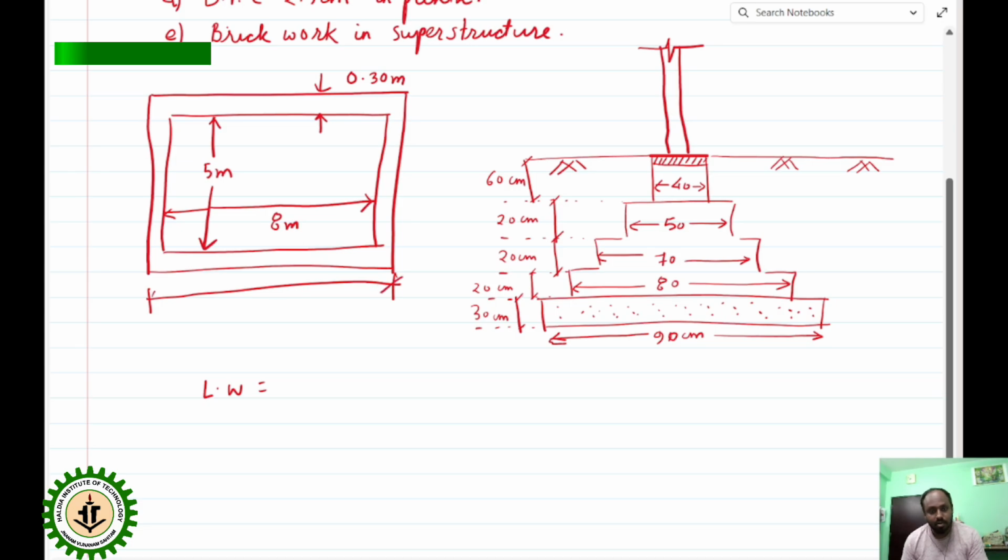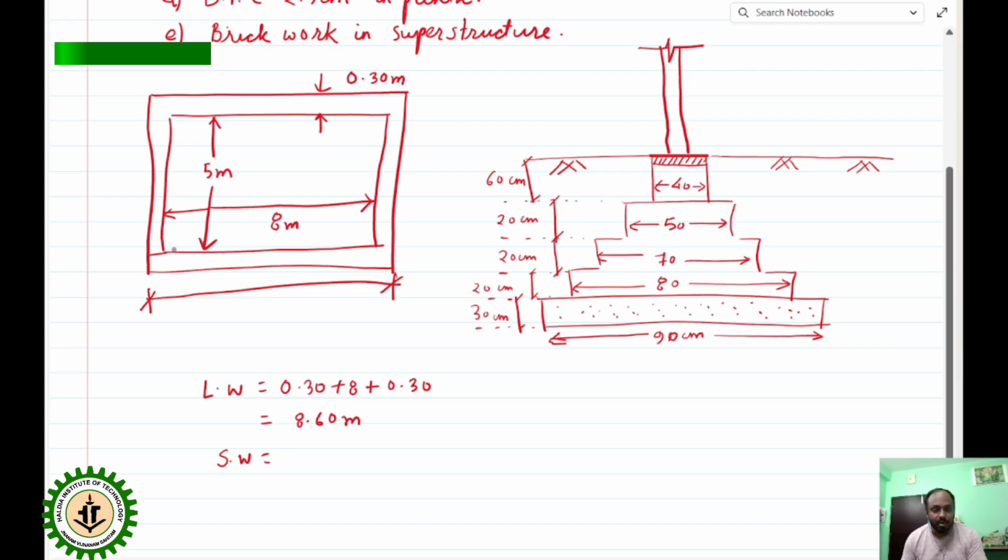This is the internal part, 8 meter, plus the wall on the two sides. That means wall thickness 0.30 plus internal, and again one wall will come. That means 8.60 meters.